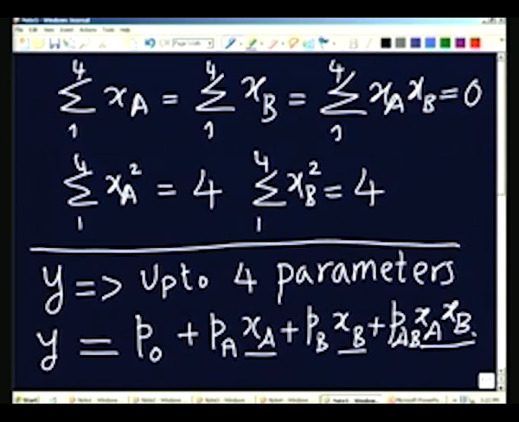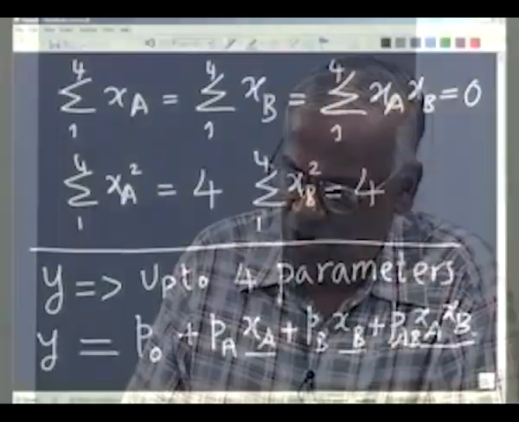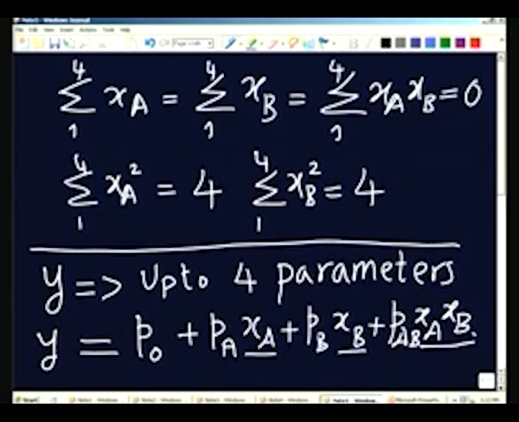In each experiment I know what is the outcome of the experiment y. So, now I will have 4 values and I will substitute those 4 values here and find the corresponding values of x's on the right hand side, and then I will get 4 equations. So, 4 equations, 4 unknowns, P naught, PA, PB and PAB, and therefore, I will be able to determine these 4 constants from these 4 experiments.